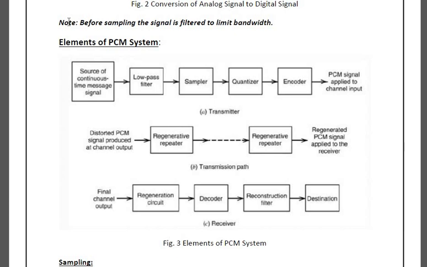So these are the three advantages. One is relatively inexpensive circuitry, PCM signals can be multiplexed and transmitted over a high speed communication link, and third, in long distance digital transmission, clear waves can be regenerated by using repeaters.